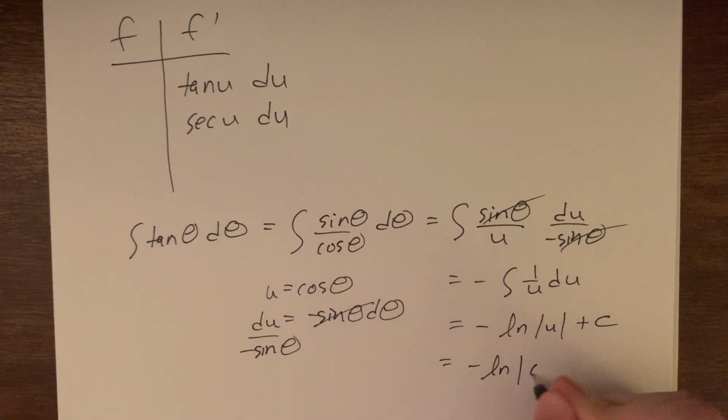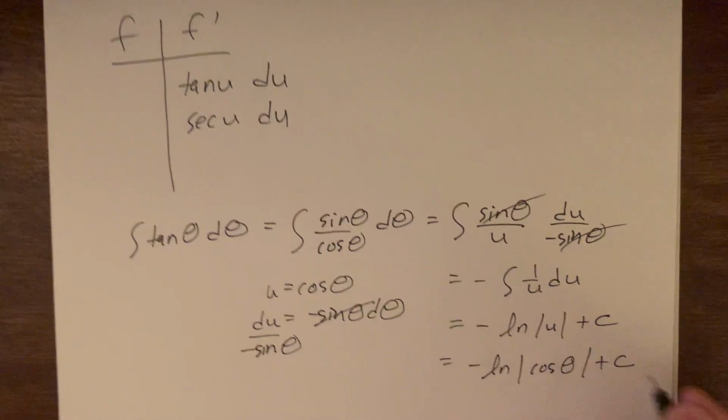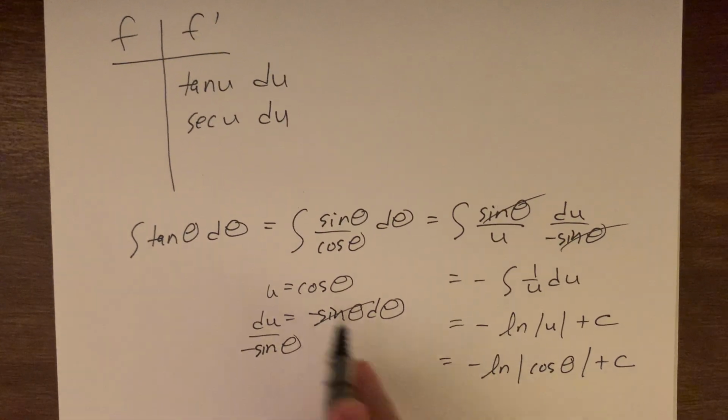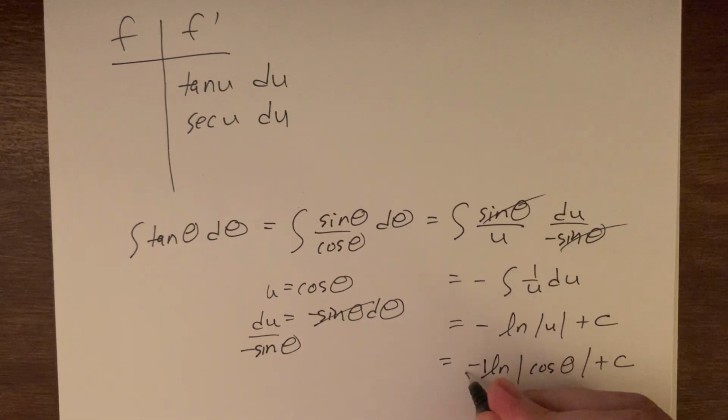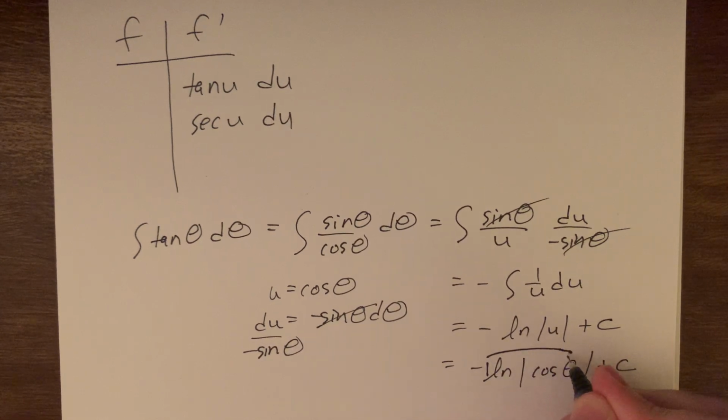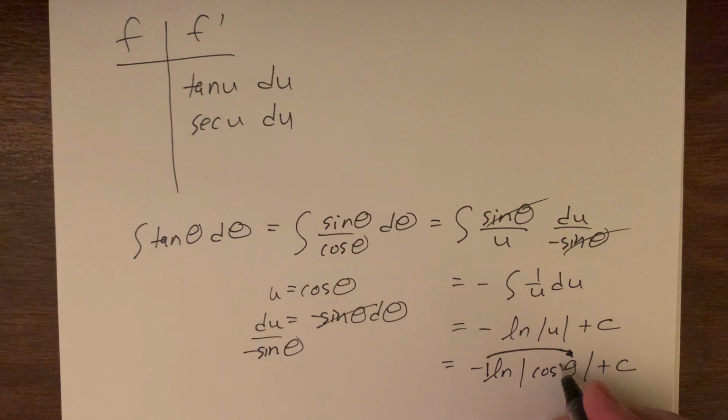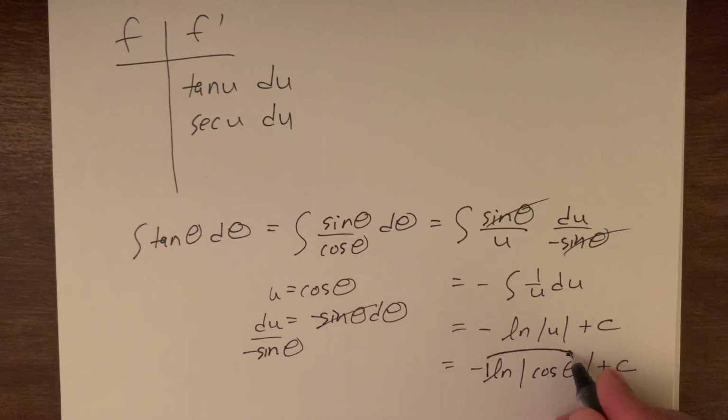When I back sub, I get minus log, and u was cosine. But here's a funny little issue, everybody. There are a few calc books that say that. Their rule for the anti of tangent is negative log of cosine, but most books take this a little further. Ours does as well. They take this minus 1 out in front and move it inside as an exponent. I don't want to write it right here, that looks like inverse cosine.